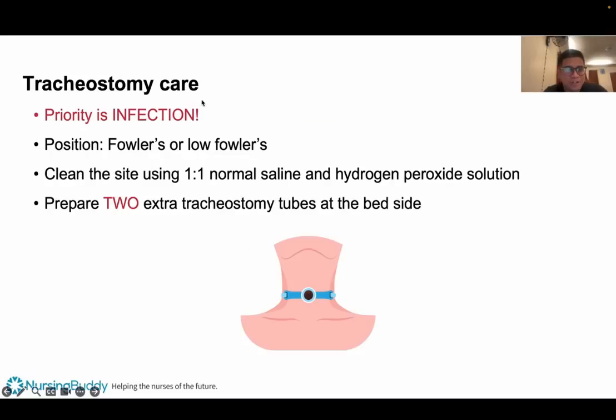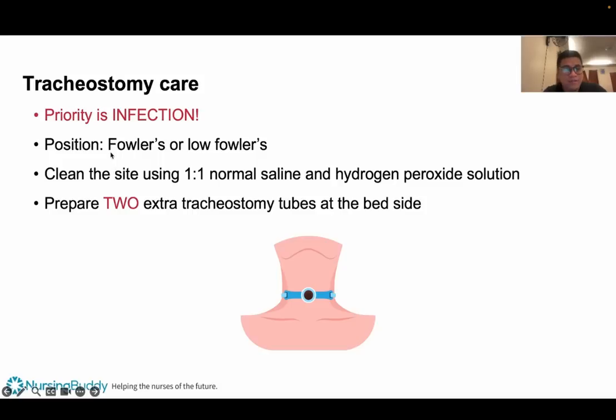So, now in your tracheostoma care, in your trach care, and big word always in the board examination, priority is avoidance of infection. So, infection, you always think that your patient might get an infection out from your yucky trach tube. Okay? So, position. How do you position the patient here? Fowler's or low Fowler's position.